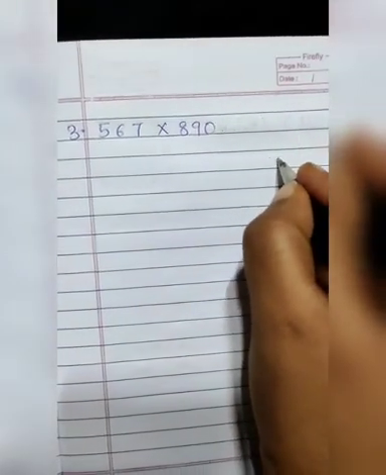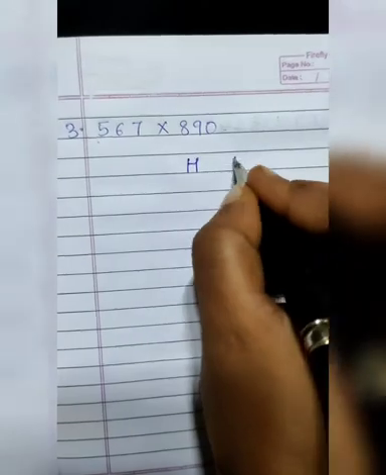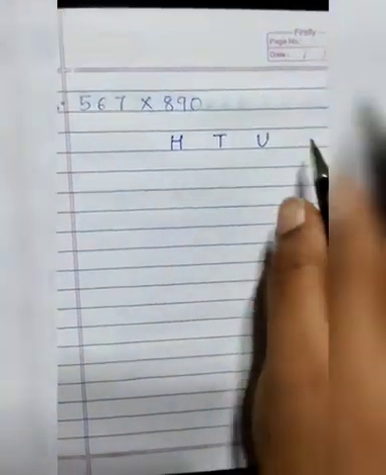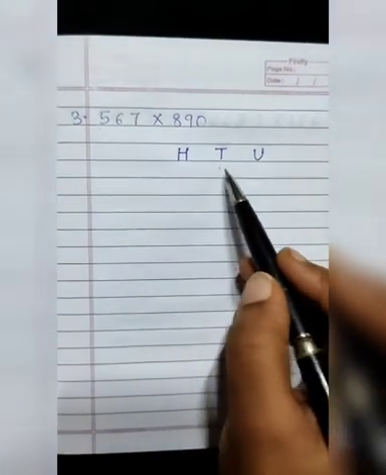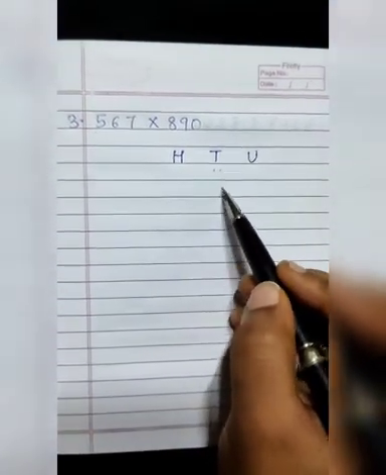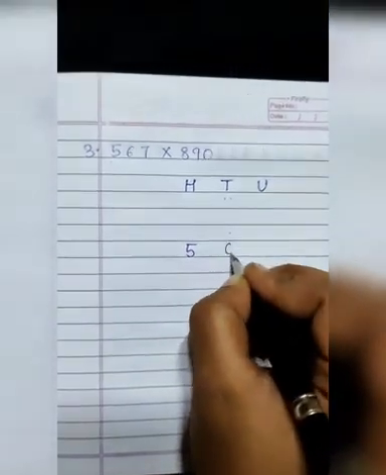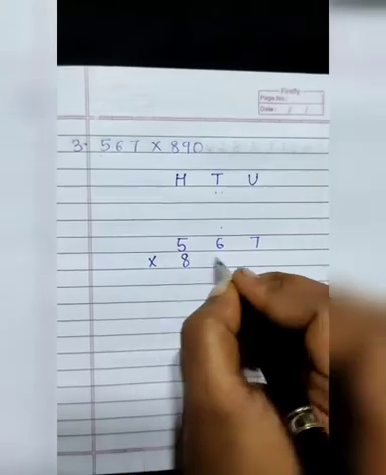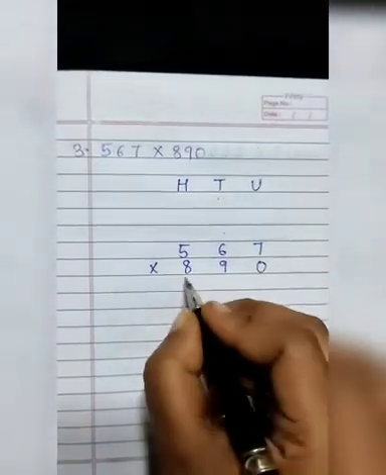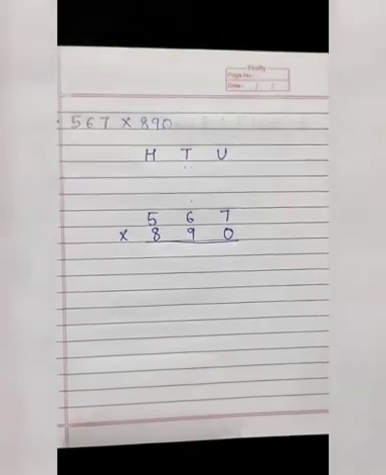So first we will write the place value: hundreds, tens, units. Now here also 3-digit numbers are there. So we will leave 3 lines, 1, 2 and 3. And then we'll copy the first number 567 multiplied by 890.